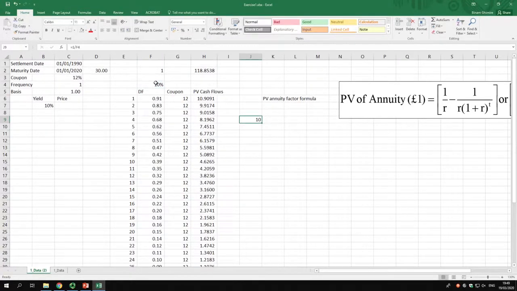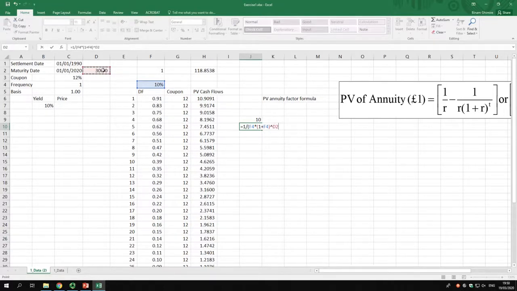Now I need to subtract 1 over r, then times (1 plus r) to the power t, which is now going to be 30. Put everything inside parentheses, and do not forget the equal sign.